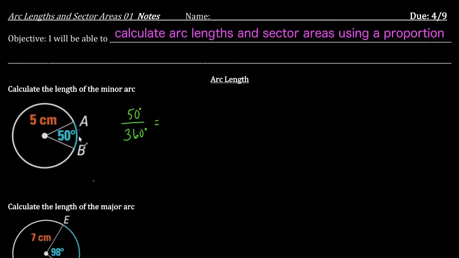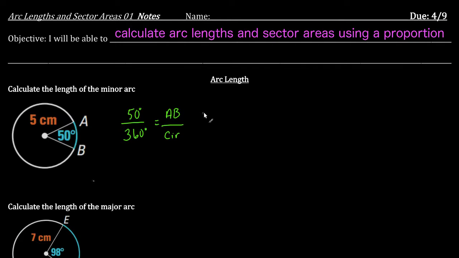So 50 degrees to 360 degrees should be proportional to the length of AB, or arc AB, to the entire circle, the length of the entire distance around, which is called the circumference.